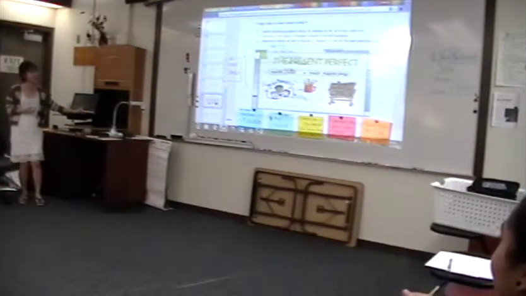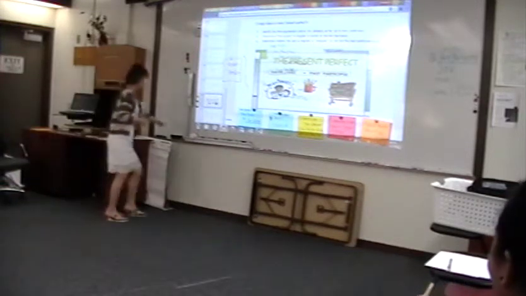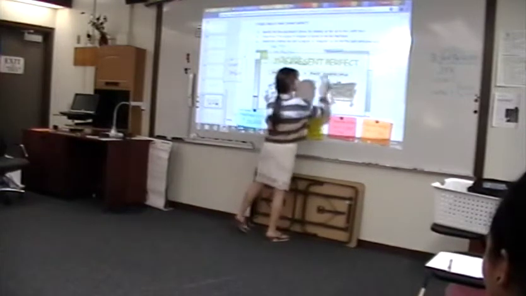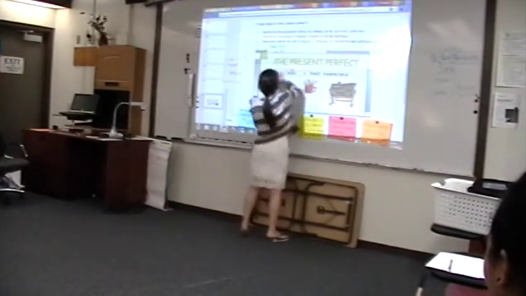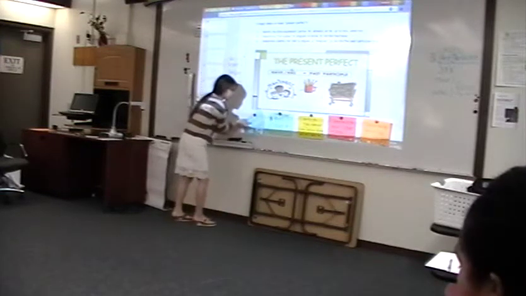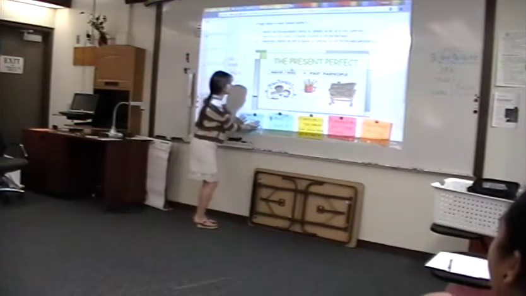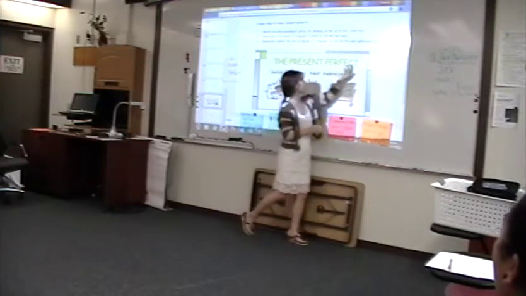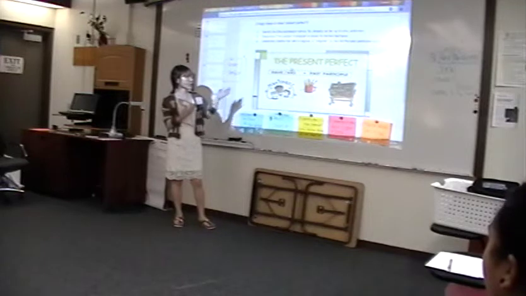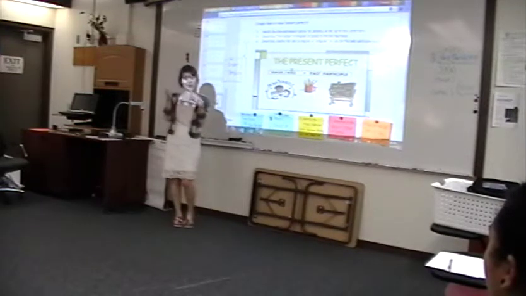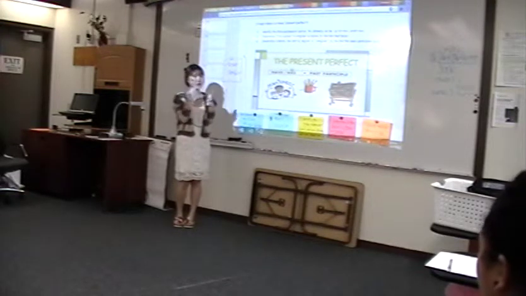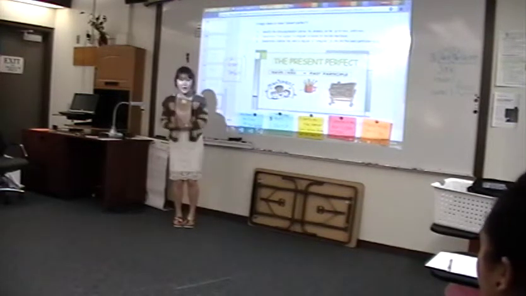Okay. So let's review again and then we're gonna finish our class. From today's lesson, you guys need to know what the present perfect form is. As I told you, this form infers that something happened in the past, but it has continuity or connection to the present.